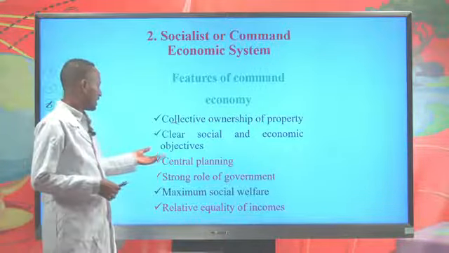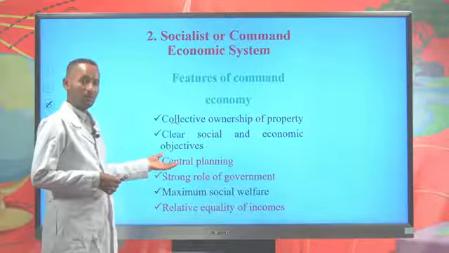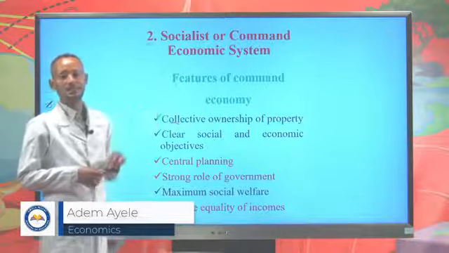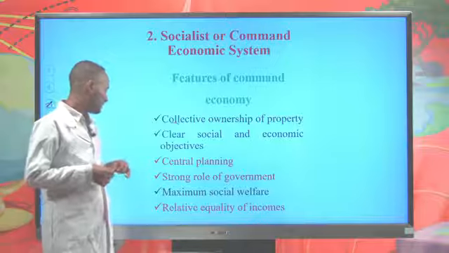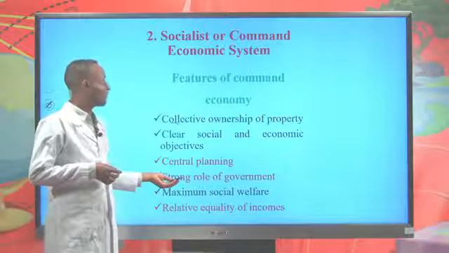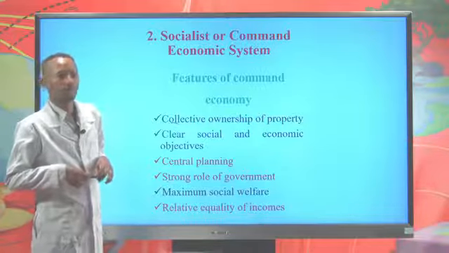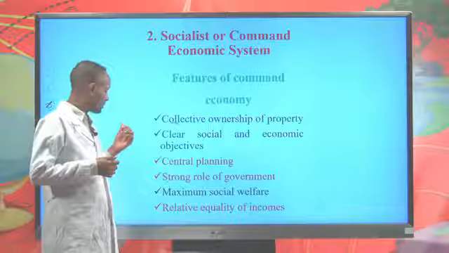There are clear social and economic objectives. There is central planning in the command economy, but there is a decentralized planning system under the capitalist economic system. There is a strong role of government in the socialist economic system, but there is a minimum role of government under the capitalist economic system.